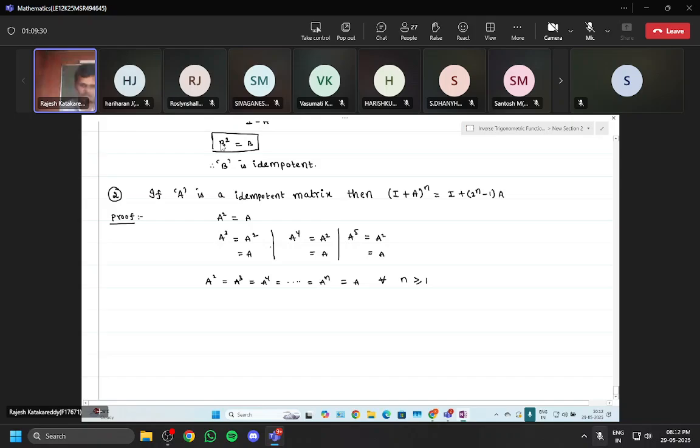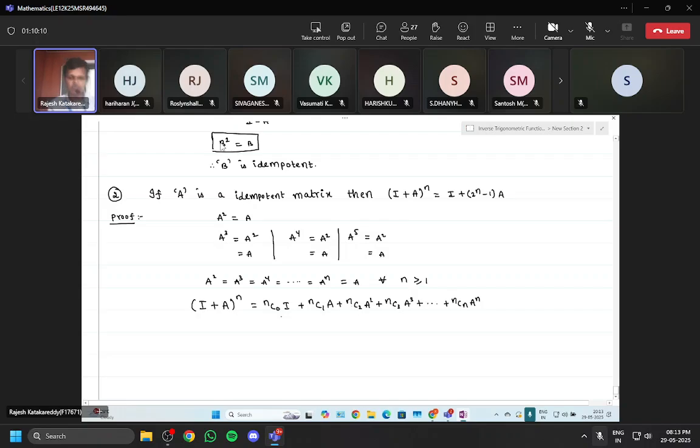Clear? Now using this, let us expand I plus A whole power n using binomial expansion. This is nC0 I power n, which will be I only, plus nC1 I power n minus 1 into A, which will be A. Multiplication of any matrix with the identity matrix is the matrix itself. Next you will get plus nC2 into A square plus nC3 into A cube and so on, going till nCn into A power n.